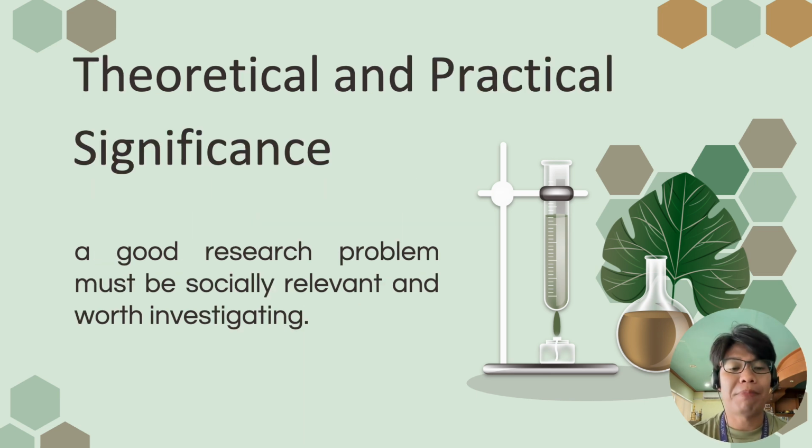Next, theoretical and practical significance. A good research problem must be socially relevant and worth investigating. So you have to make sure your research is beneficial to advance some causes or provide solutions to existing problems, or it can improve previous theories or provide more insights to existing theories relevant to your research.